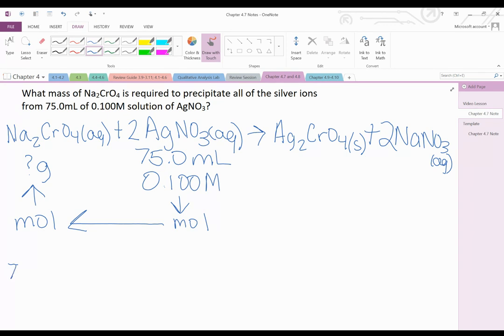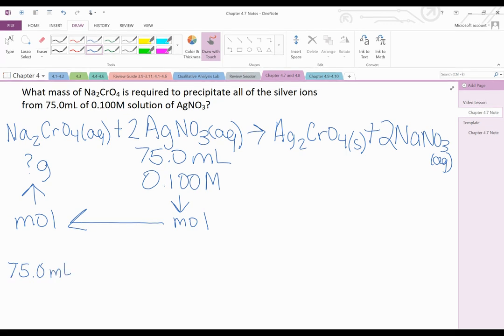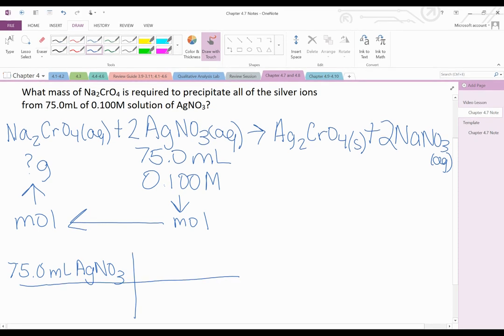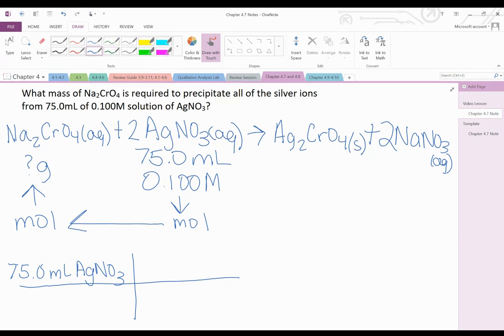So 75 milliliters of silver nitrate. I'm going to convert from milliliters of silver nitrate to liters of silver nitrate.